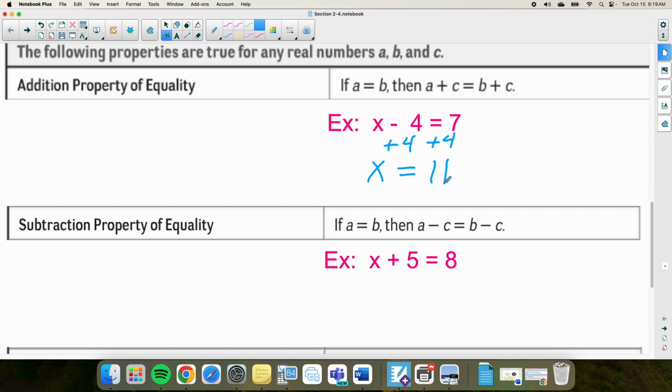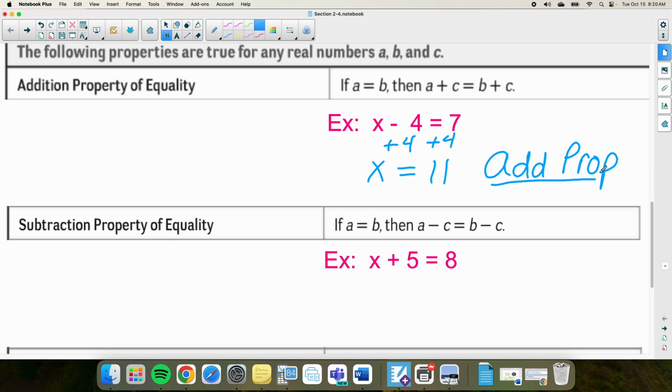In an algebra proof though, just so you guys know, you don't show the work like I did there. You would just go right directly to x equals 11. And then the reason would be addition, and then you have to put prop for property. So whenever you add the same thing to both sides of an equation, that's called addition property.